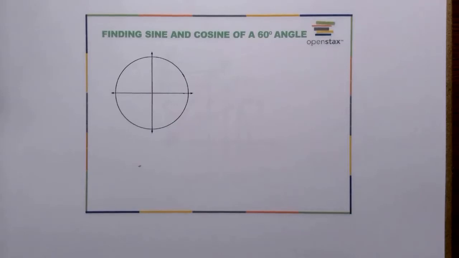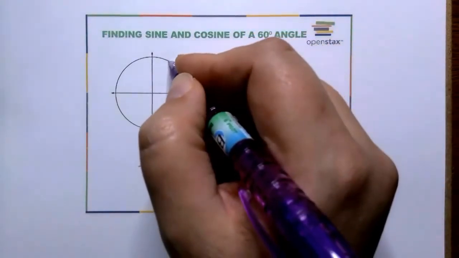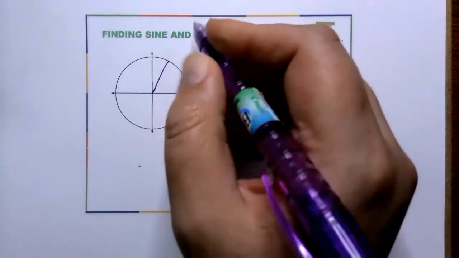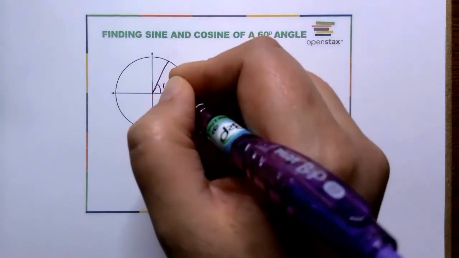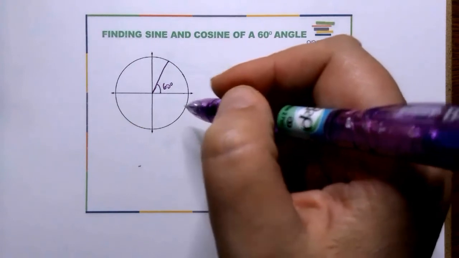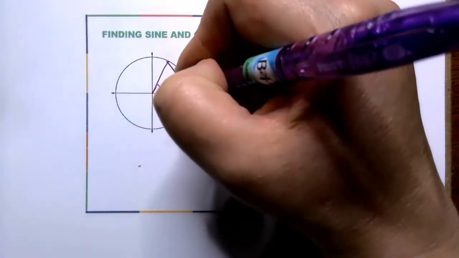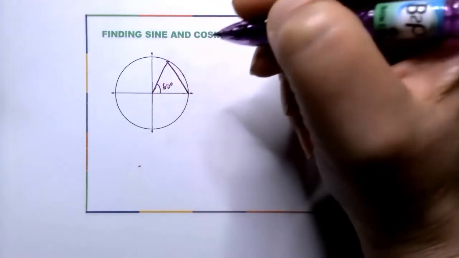Now let's figure out again the function values of the 60-degree angle. So here's my 60-degree angle. And what I'm going to do is look at this angle this way.